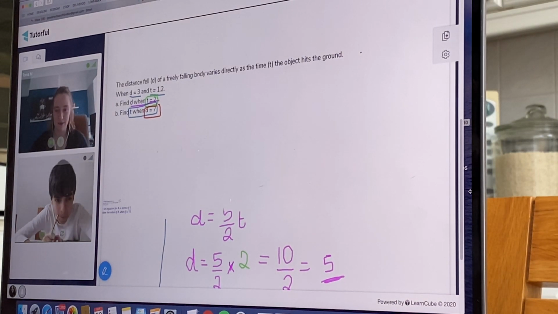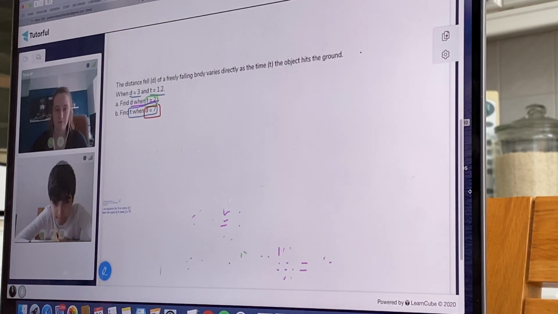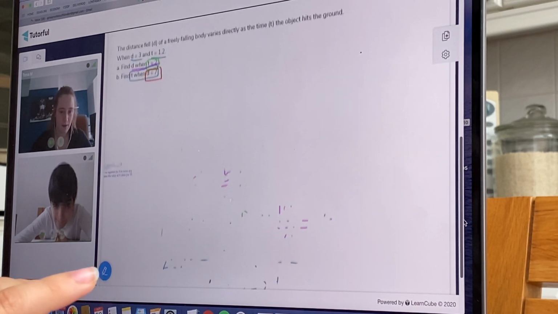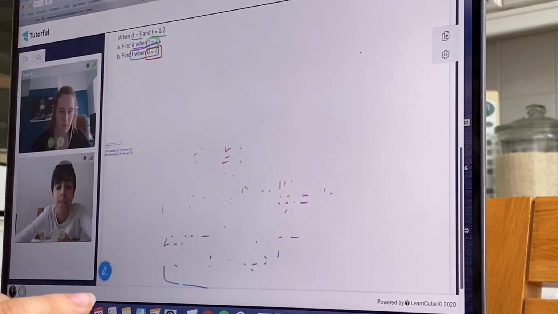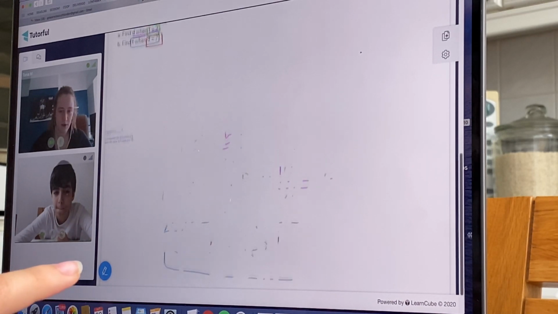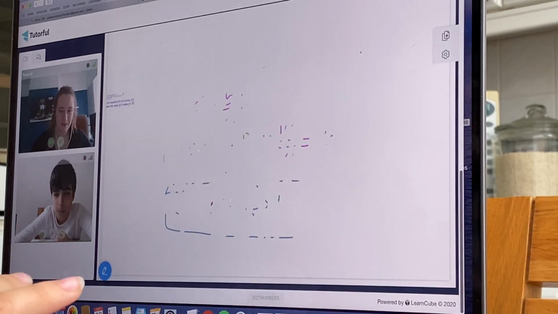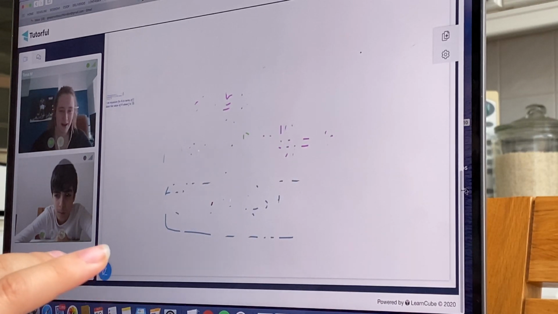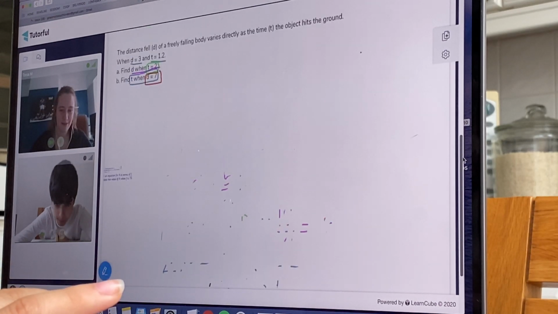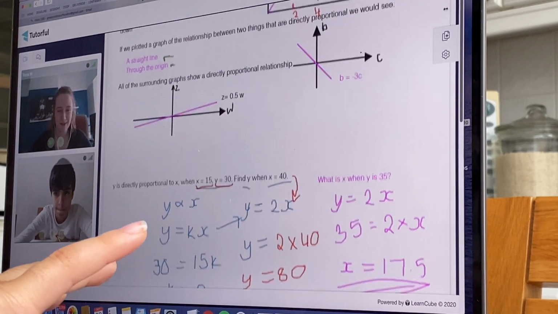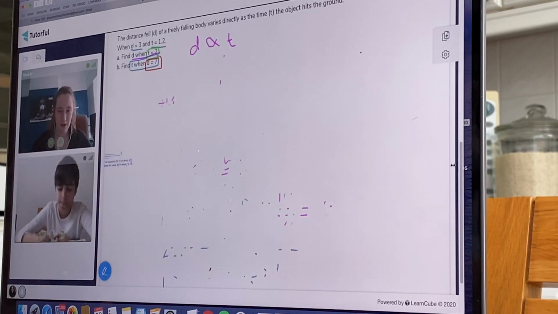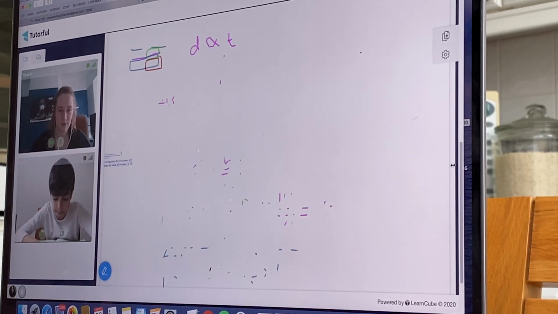Just rub all this out. Right. Okay. Oh, that's so weird. Do you see that? I could pick the rubbing out up. I wonder if an easier way to do this is just to move that.